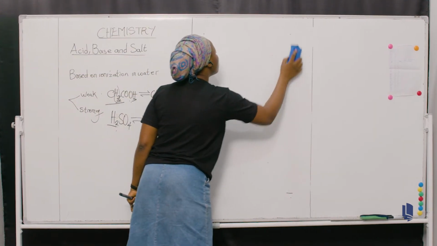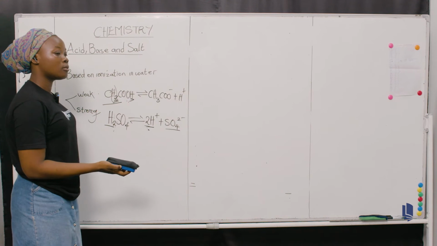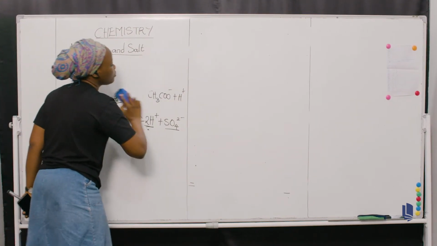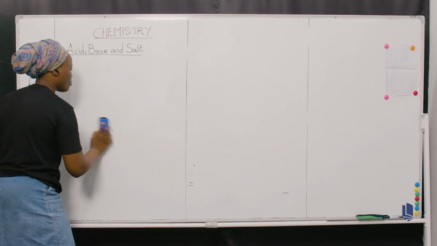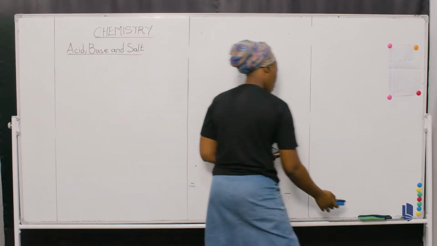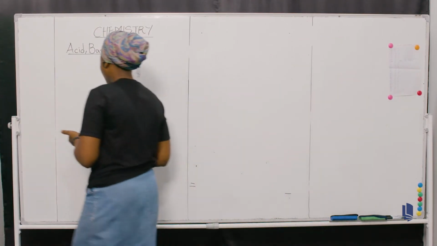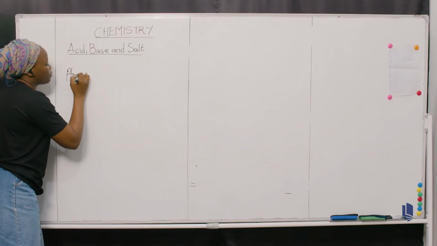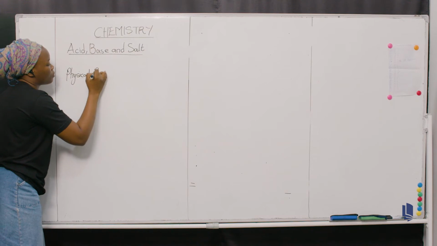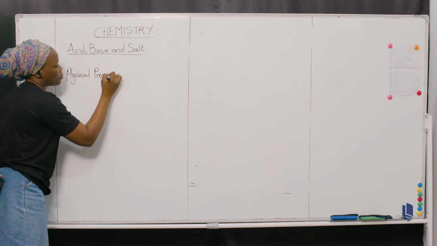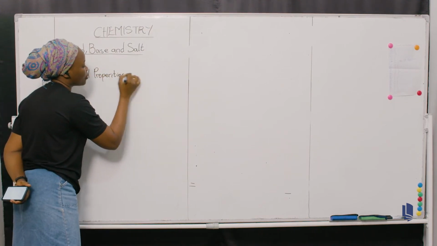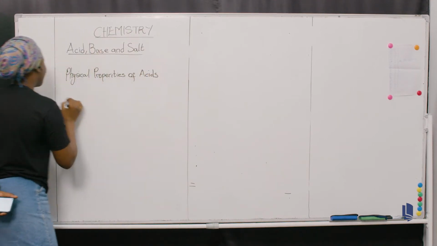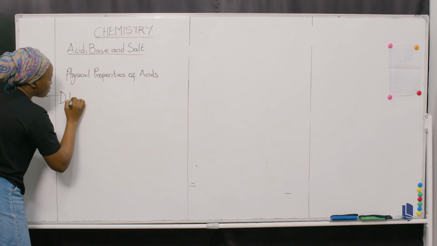So now let's move on. Any question? Okay. Let's talk about physical properties. Dilute acid has a sour taste.